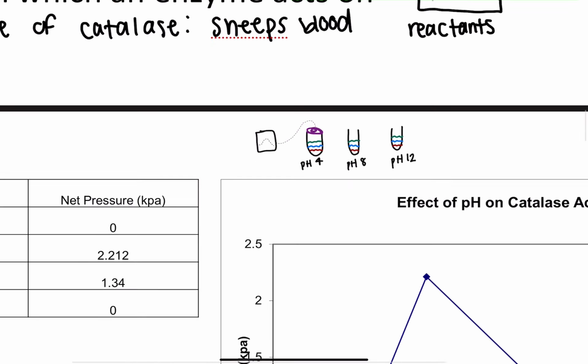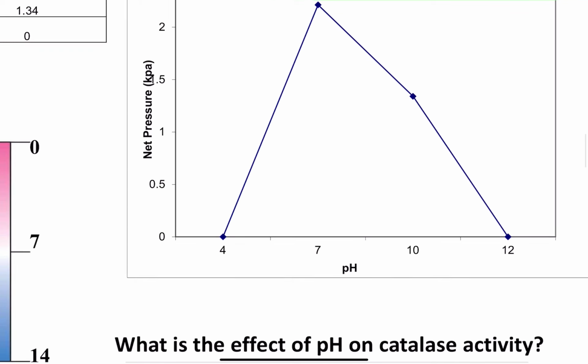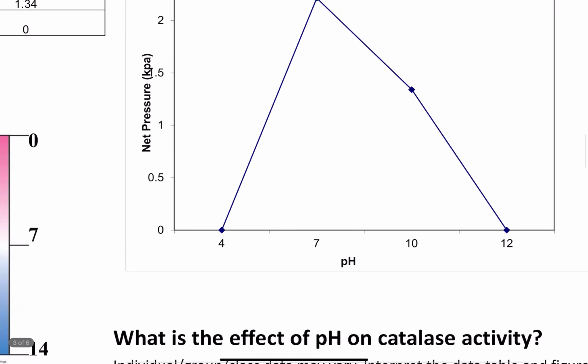So now we can start to talk a little bit about the graphs. The graphs help us visualize the effect of each variable. But I need you guys to remember that our x-axis is always going to show our independent variable.